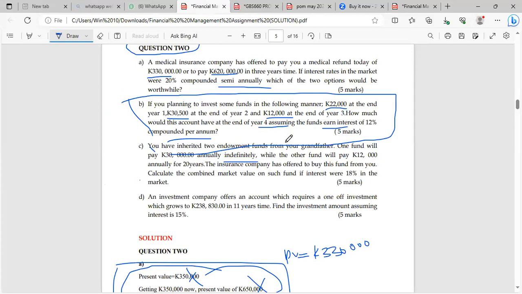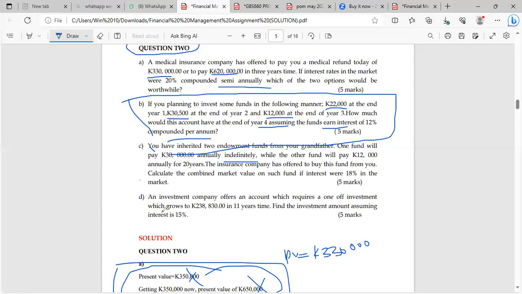Insurance has offered to buy this bond from you. Calculate the combined market value of such funds if the interest rate in the market were 18%. So let's find the future value of this annuity.